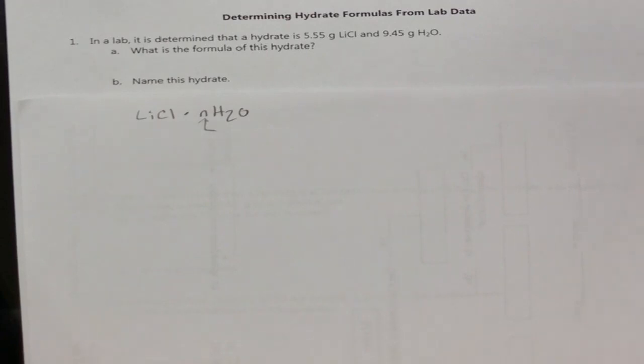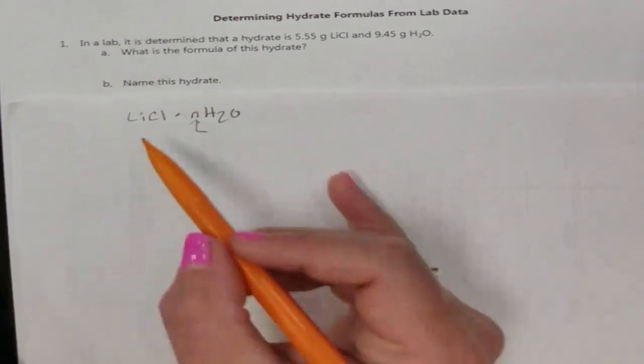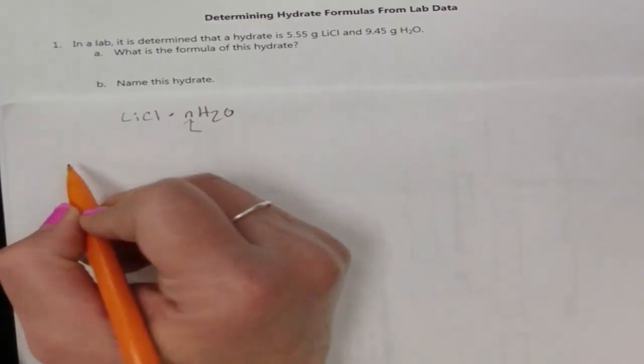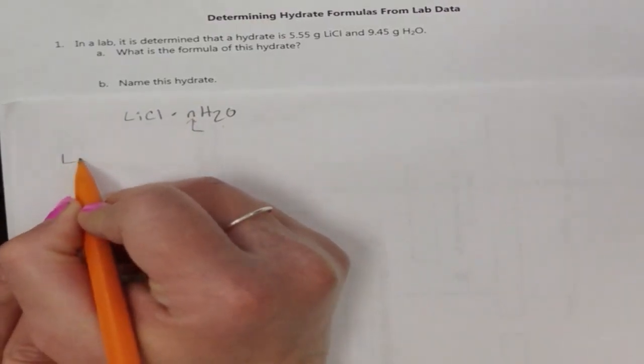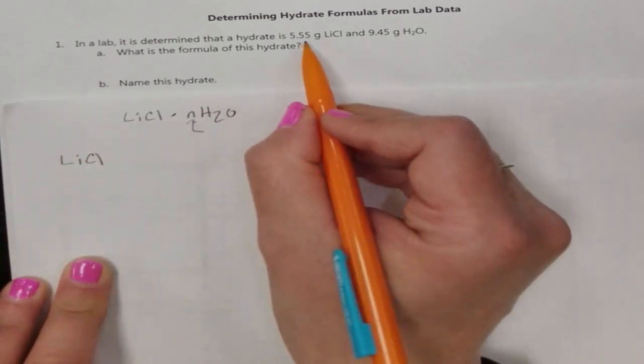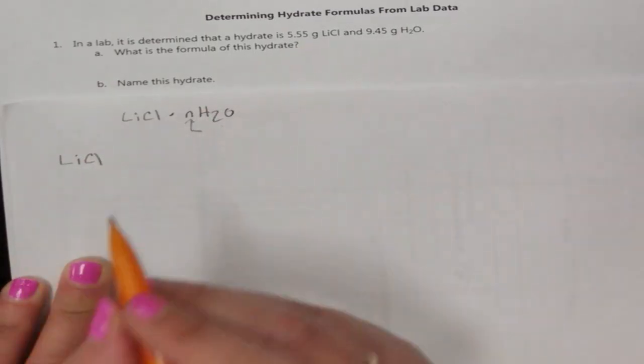So we have two compound pieces, the lithium chloride and the water, so we're going to keep them as a unit. So lithium chloride has 5.55 grams.